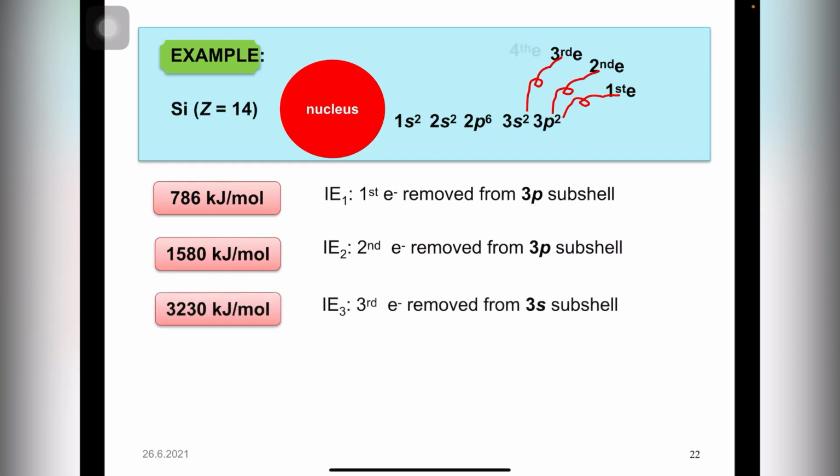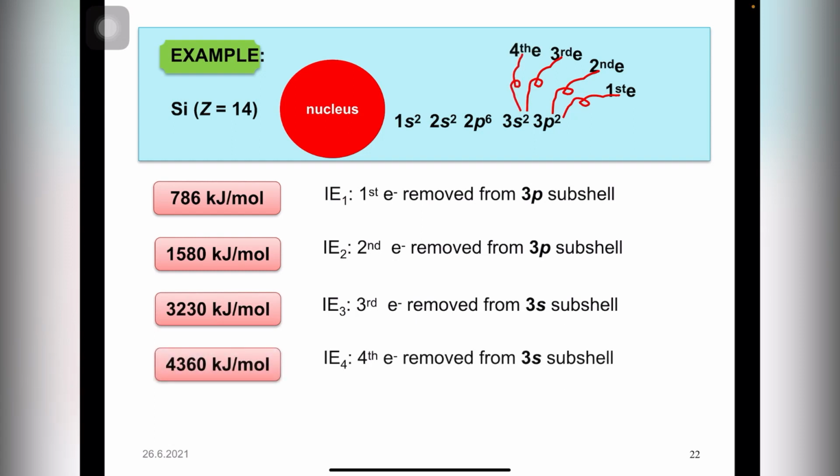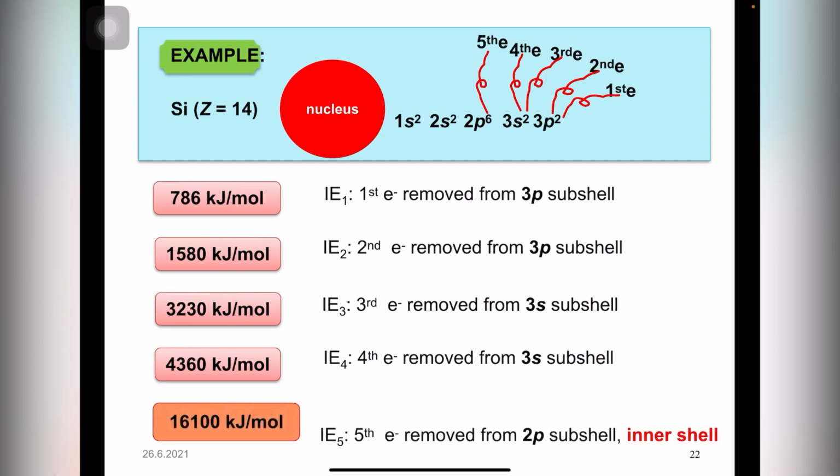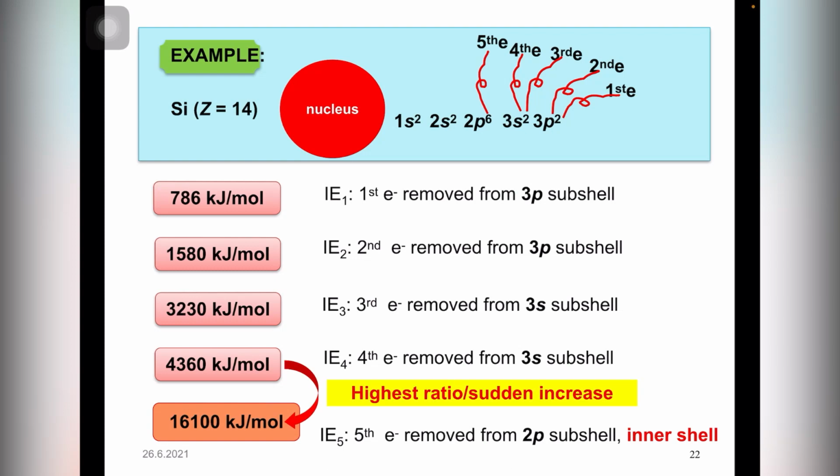Same for the other electrons. For the inner electron, the energy is higher. Okay, next. So you see that the sudden increase occurs in between the fourth ionization energy and fifth ionization energy.